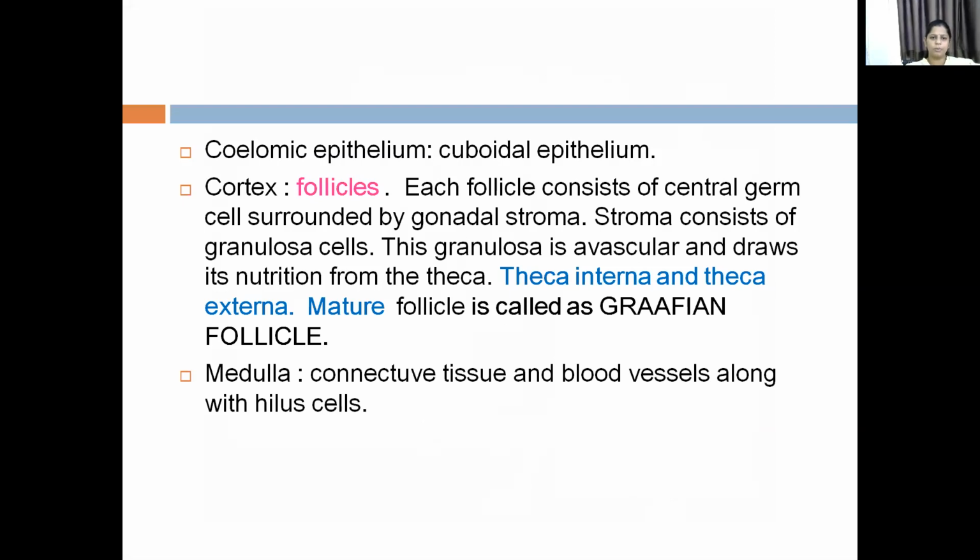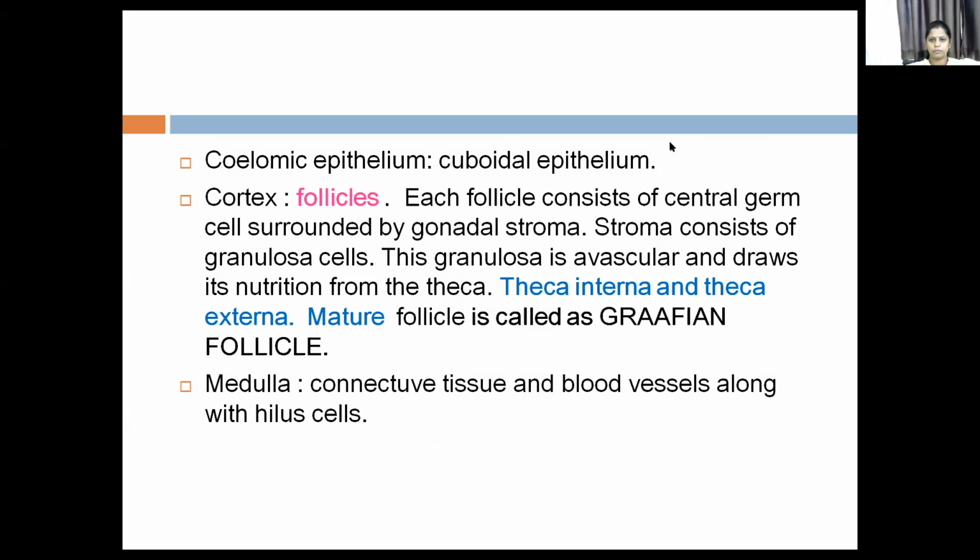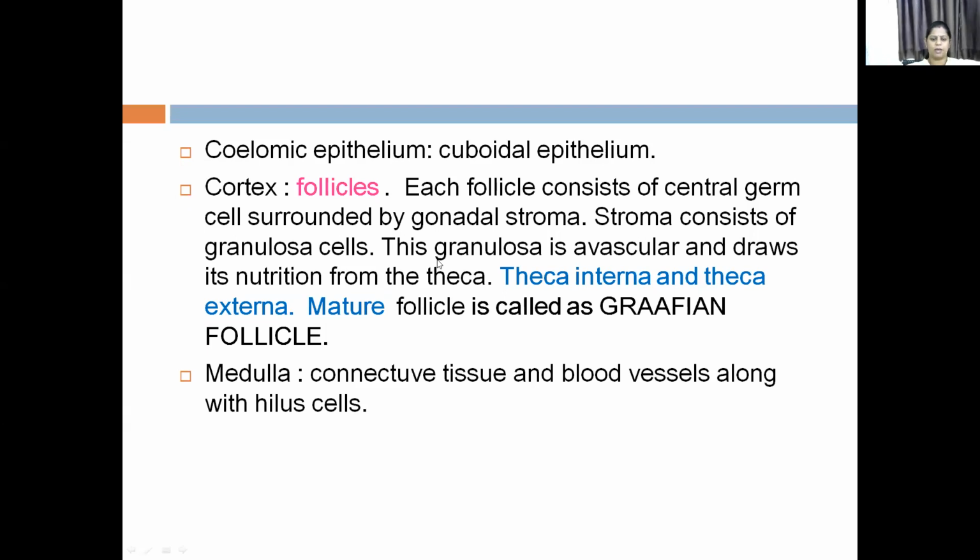As I already told you, the coelomic epithelium is cuboidal epithelium. Coming to the cortex, the most important structures of the ovary are the follicles, and they lie in the cortex. Each follicle consists of central germ cells surrounded by the gonadal stroma. This stroma consists of granulosa cells.